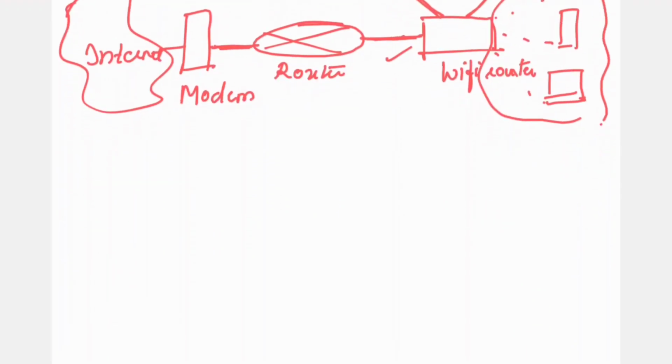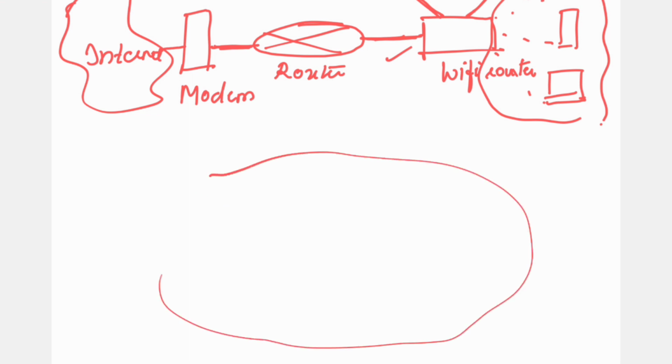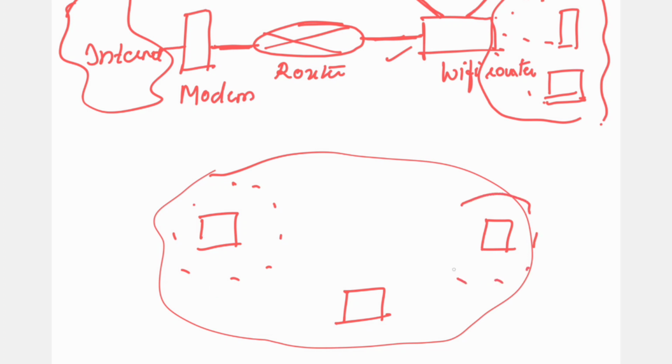But the wireless access point is used in bigger organizations. Suppose you have a very big organization and you want to place the wireless access points at different positions, because it has a huge area. All the devices that fall within the range of a wireless access point can access the internet.